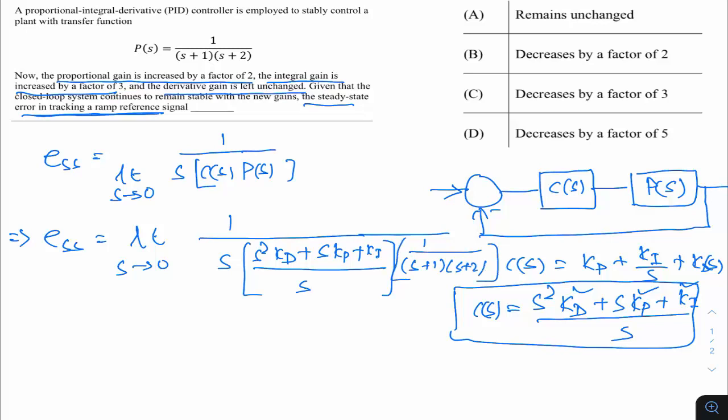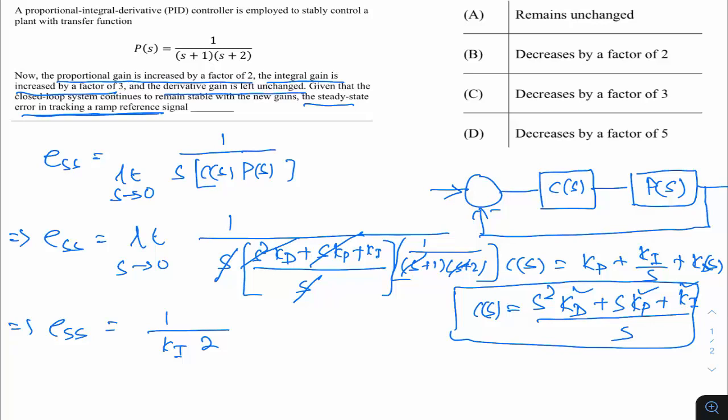Now you see S and S are cancelled out, and if you substitute S equal to 0, these terms are gone. So ESS is equal to 1 by, from this you get only Ki, and from this you get only 2.